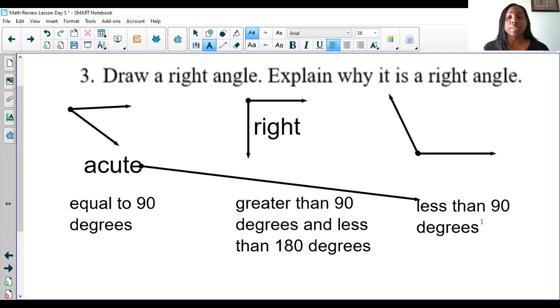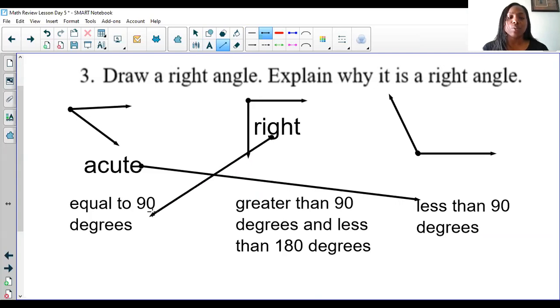I only have 2 choices left: equal to 90 degrees or greater than 90 degrees and less than 180 degrees. So, you're right, it can't be greater than 90 degrees. We know that a right angle is literally equal to 90 degrees. So we're going to draw our line right over there.